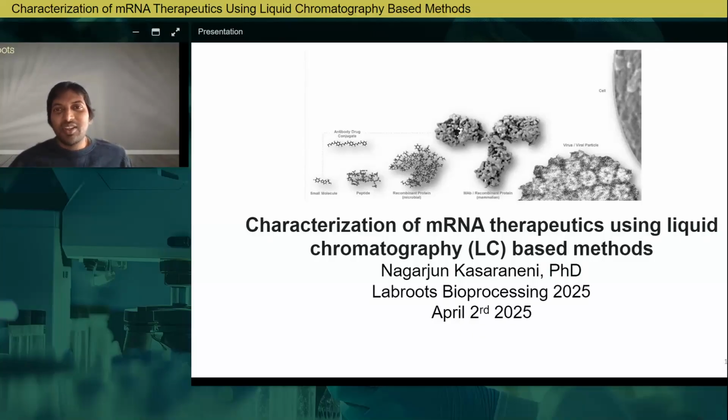So it just shows how we have advanced in biologics from a small molecule. So right now I'm going to talk more on the mRNA therapeutics, which are a combination of a small molecule with a lipid particle, which becomes more of a cell and gene therapy product.